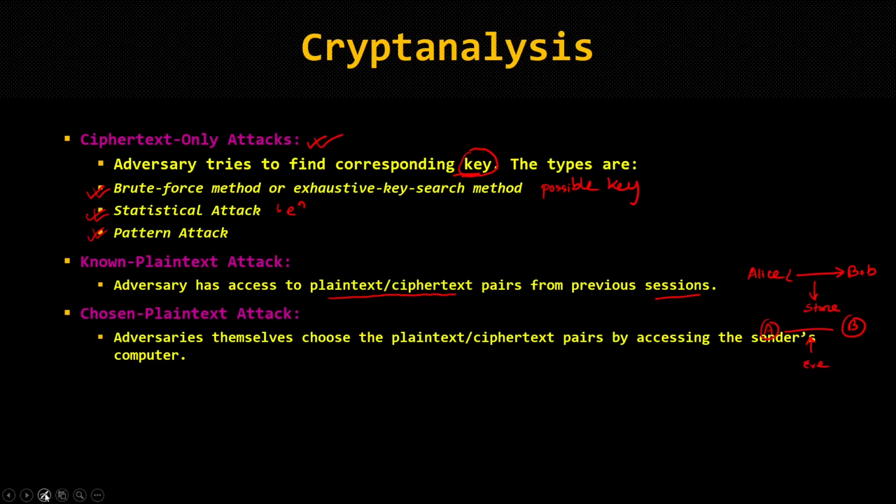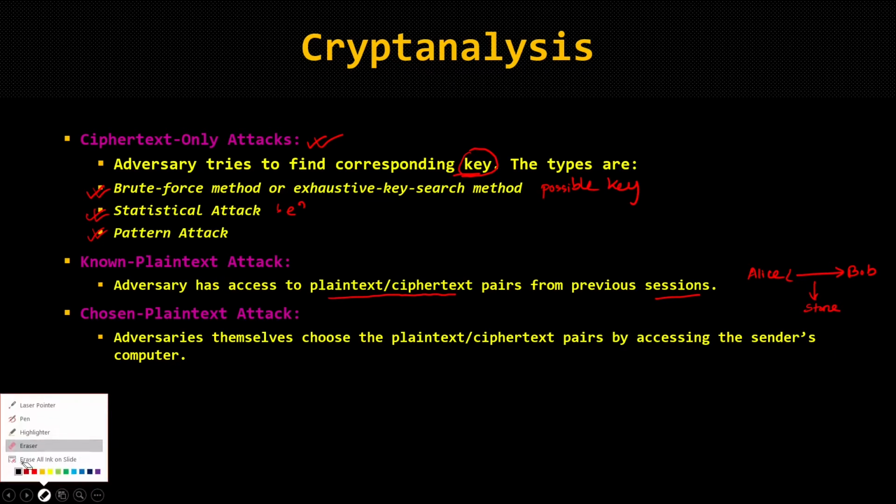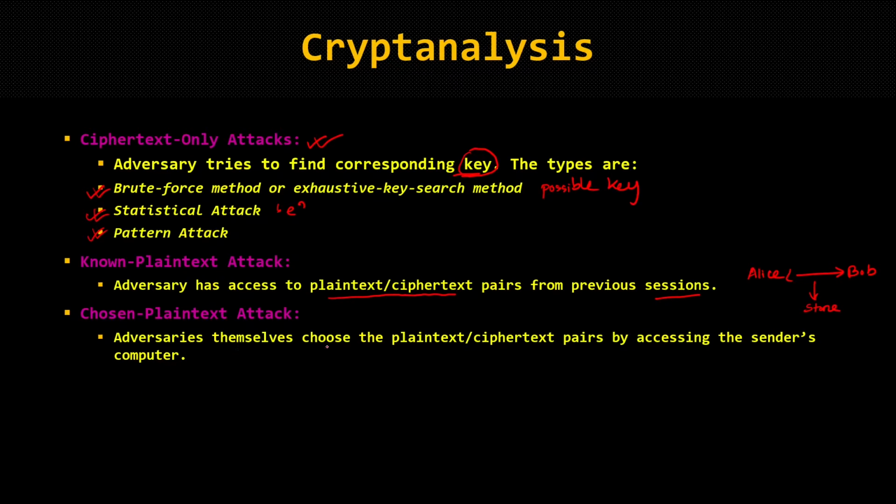Then moving on to the chosen plaintext attack, here the adversaries themselves choose the plaintext and ciphertext pairs by accessing the sender's computer. So if any adversary has access to the sender's computer, they can launch this attack by choosing the plaintext and ciphertext pairs themselves.